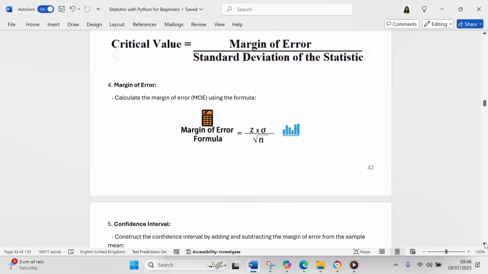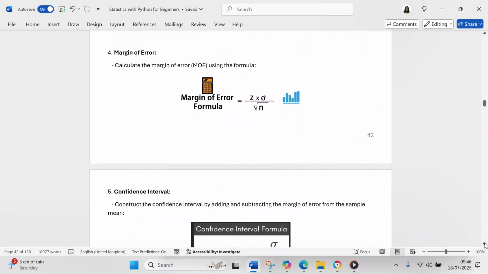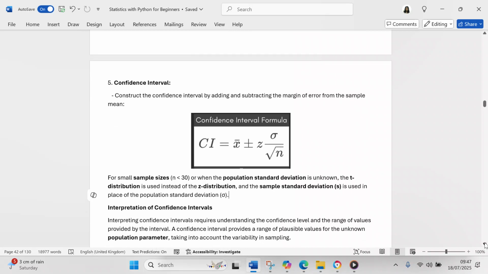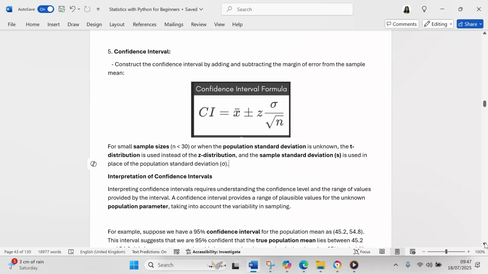So then you've got your margin of error. Calculate the margin of error using the formula: margin of error equals z star times sigma divided by the square root of n. And then you've got your confidence interval.